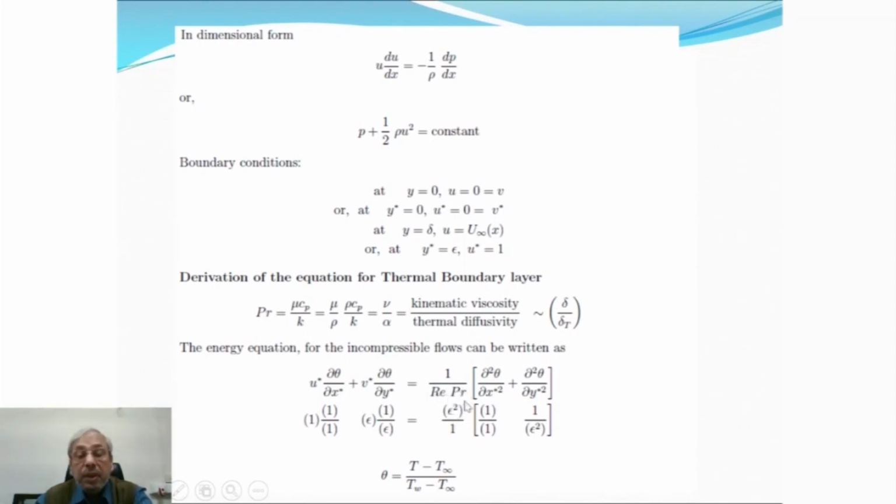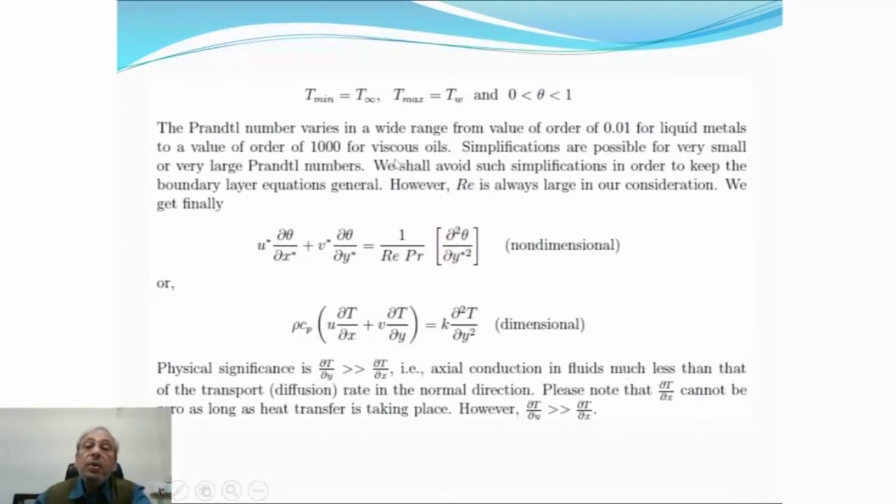Usually the Prandtl number for all working fluids, it is such that it doesn't change this order of magnitude value of 1 by Reynolds number. Why I am saying so? That Prandtl number varies in a wide range, 0.01 liquid metals to a value 1000.